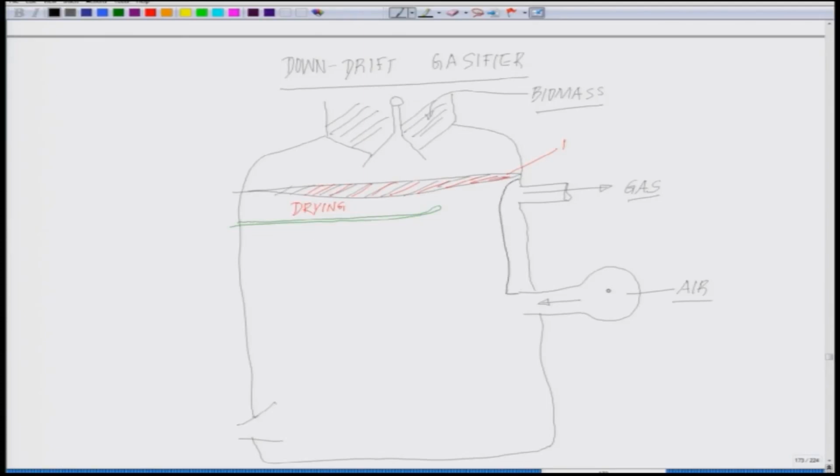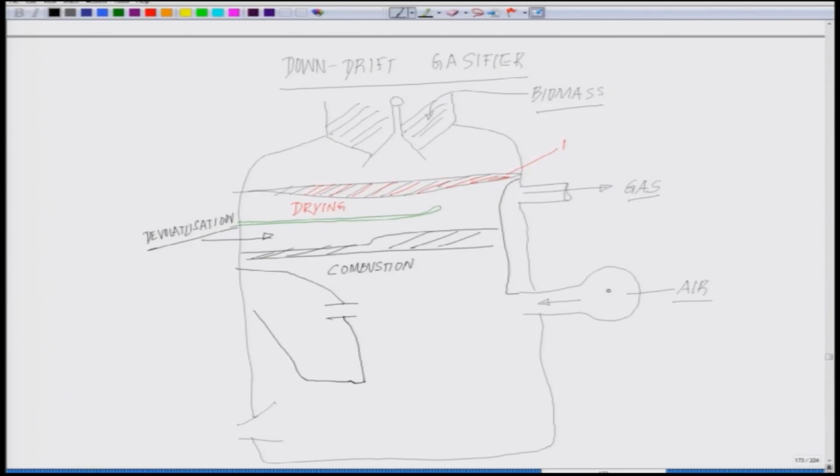So, this is the drying zone and this zone what you see out here is the volatilization zone, where the volatile materials are escaping, and here is the combustion zone where the combustion is taking place, and underneath it you are having a small kind of partitioning which is being done.